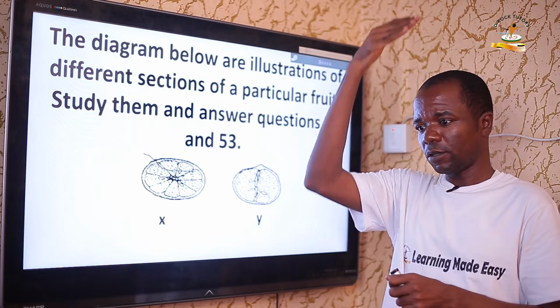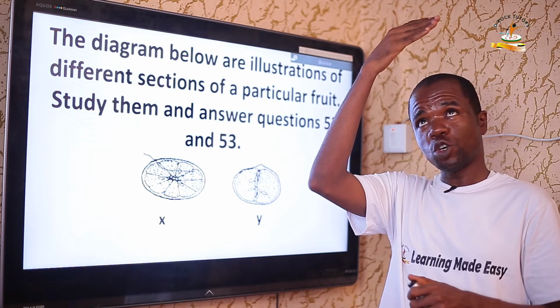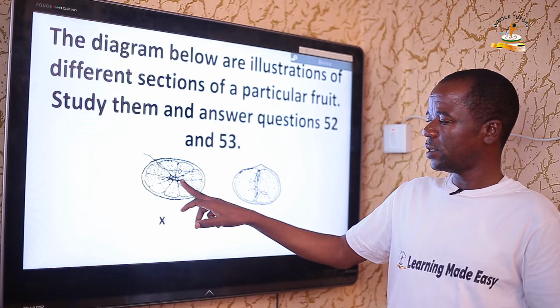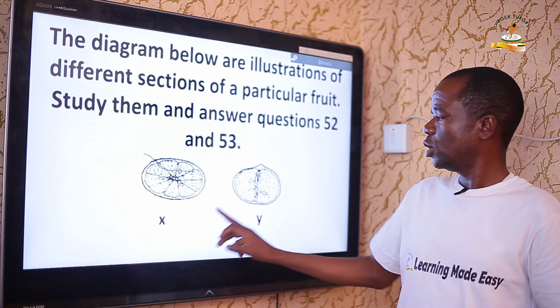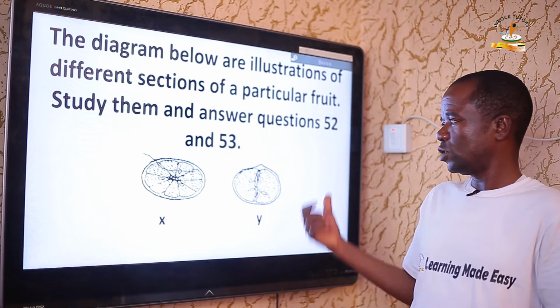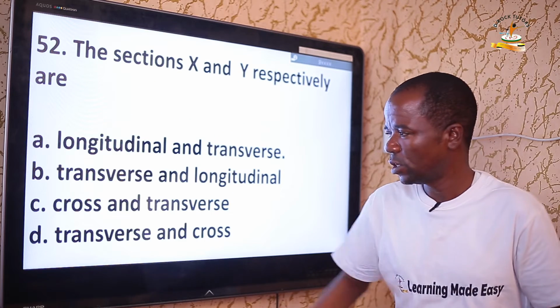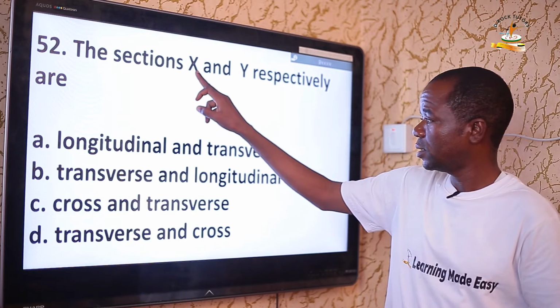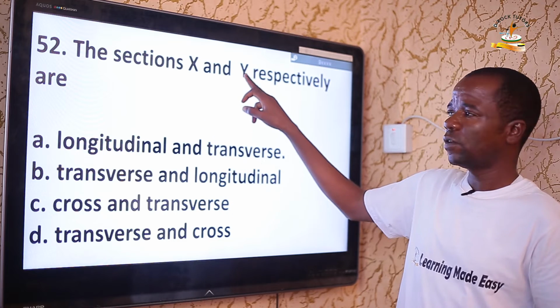Whereas if it is cut longitudinally, that is from top to bottom, that is a longitudinal section. So X here is the transverse section, Y here is the longitudinal section. Let's look at number 52 to see which option is correct. Option B. Transverse section, that's for X, and longitudinal section, that's for Y.